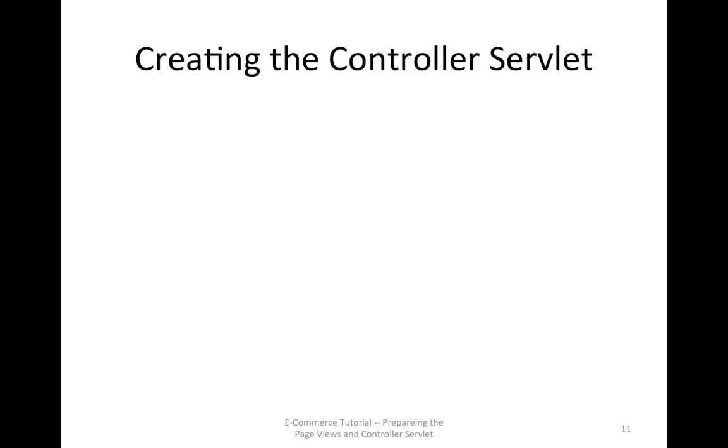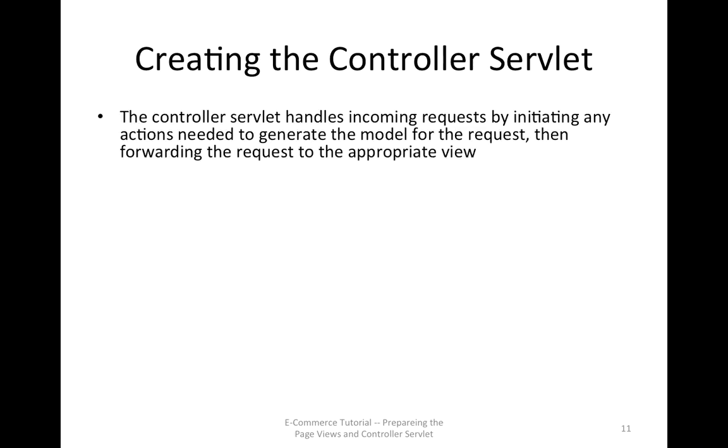Our next task is creating the controller servlet. The controller servlet handles incoming requests by initiating any actions needed to generate the model for the request, then forwarding the request to the appropriate view. So how does it know which view to forward to? It's important for the controller servlet to be able to map the user's action, which it calls the URL pattern, to a URL.